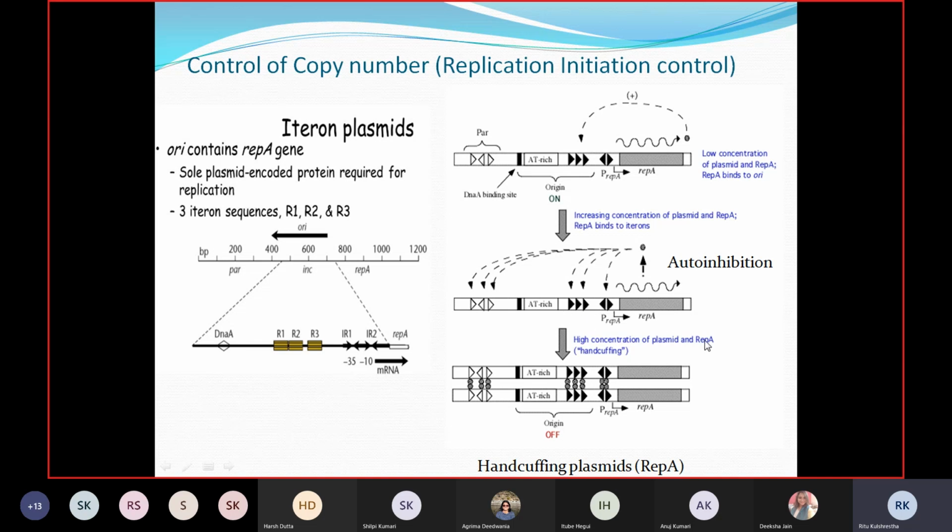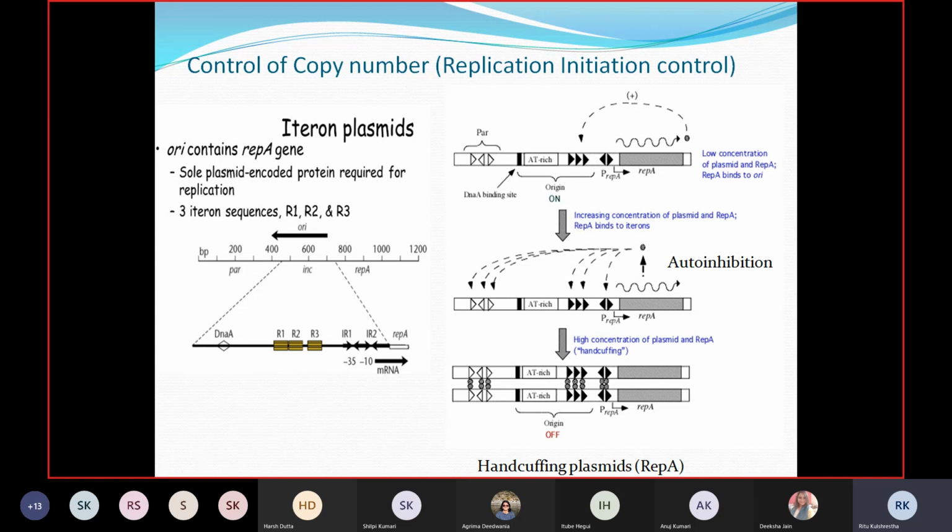Because RepE forms a dimer, let's say this is one plasmid and this is another plasmid, both bound by RepE proteins, because RepE is present in huge quantity as we have high plasmid copy number. Then it will handcuff the two plasmids, and because the two plasmids are now handcuffed or locked together, there will be no further replication. So this is another method of control of copy number in other plasmids.